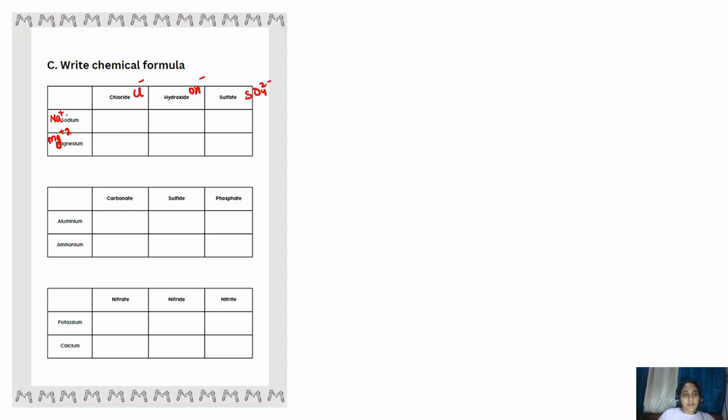So for sodium chloride, Na positive, Cl negative, charge is balanced, 1 plus 1 minus 1, simply NaCl. For the second one, sodium positive, hydroxide negative, charge is balanced, so simply write NaOH.